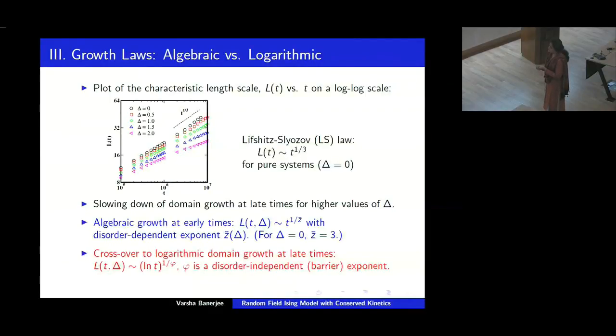And this is also something that we show, that the crossover, it's not a correction, mind you. As time evolves, the growth goes from algebraic laws to logarithmic domain growth. Okay? And so that's the typical form of L(t) that we will derive if there's time. And this exponent phi is what is usually called the barrier exponent.